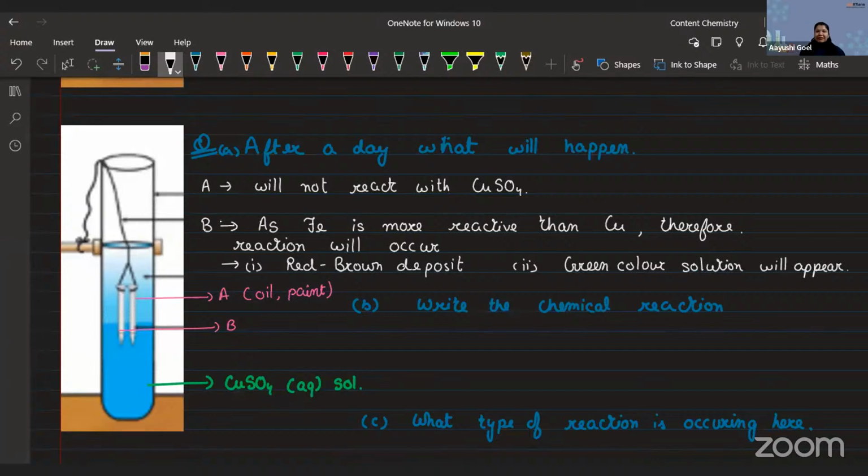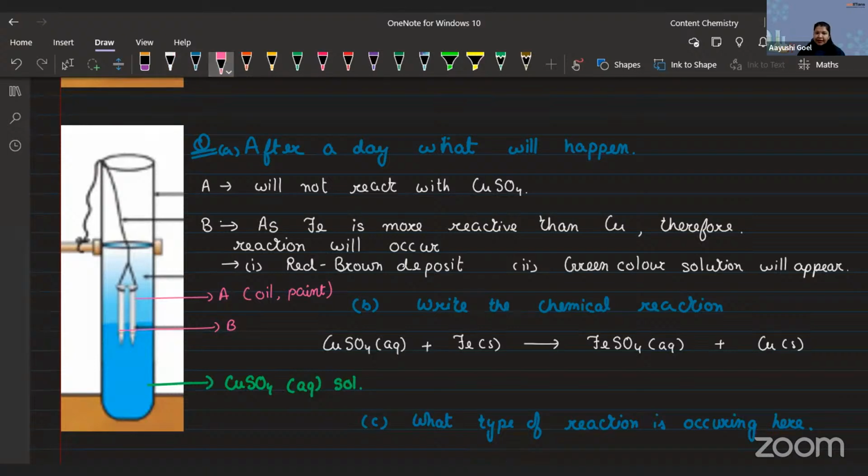Now the second point is chemical reaction. So can you give me what is the chemical reaction which is occurring here? Okay, so the chemical reaction which is occurring here is that you have copper sulfate aqueous solution reacting with iron solid, giving you ferrous sulfate aqueous plus copper solid here.